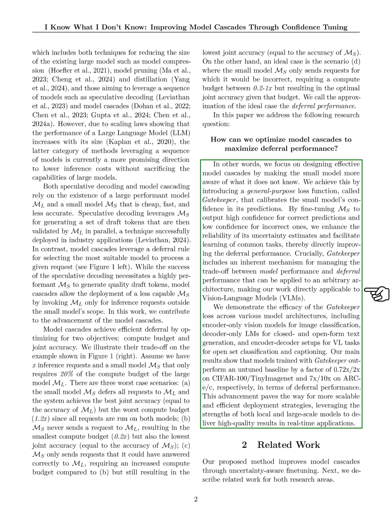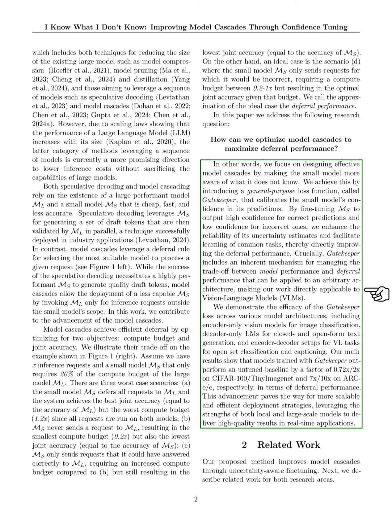To achieve this, we introduce a loss function named Gatekeeper, which helps the smaller model better understand its confidence in its predictions. By training the smaller model to be confident in correct predictions and uncertain in incorrect ones, we improve its reliability and learning for common tasks, thus enhancing deferral performance. Importantly, Gatekeeper includes a built-in way to balance model performance with deferral performance, making it applicable to various architectures, including vision language models.